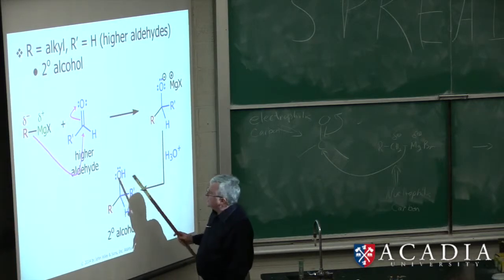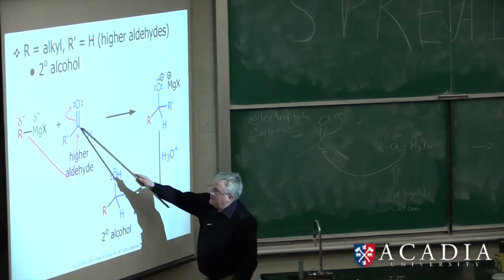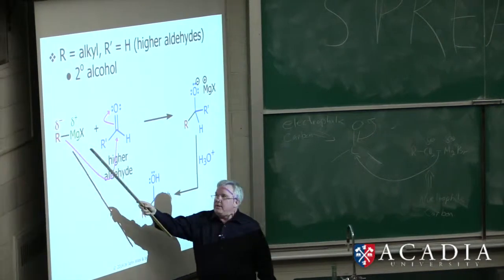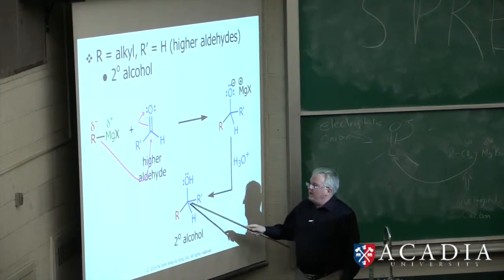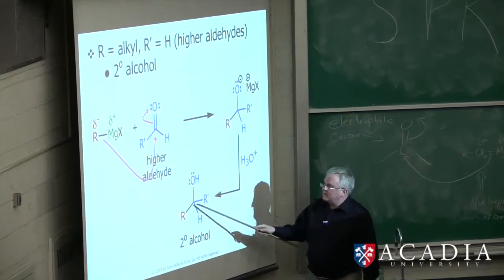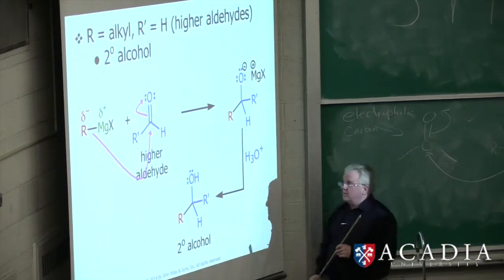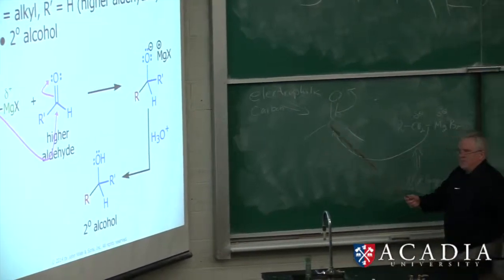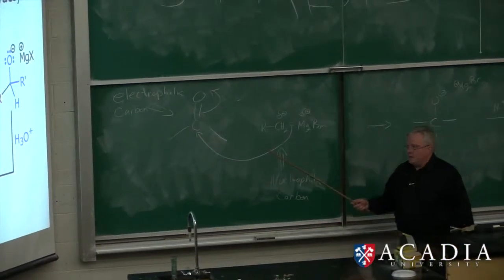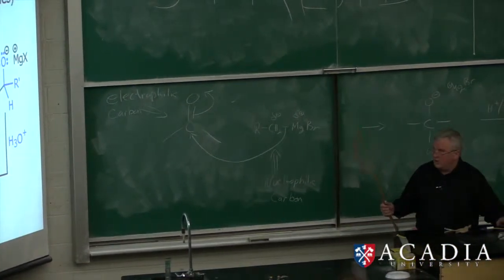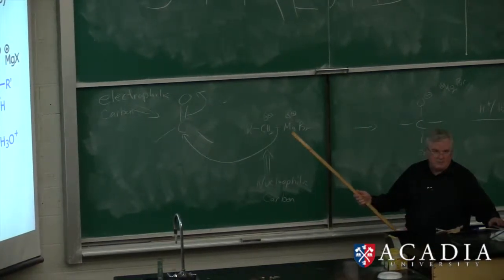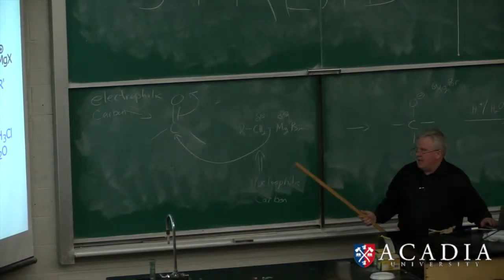of the blue portion here, came from this, and the red portion came from here, and we see that we now have a secondary alcohol because there's two R groups on the carbon that contains the OH. And again, the mechanism is always the same, the workup the same, although the workup becomes important here and here.